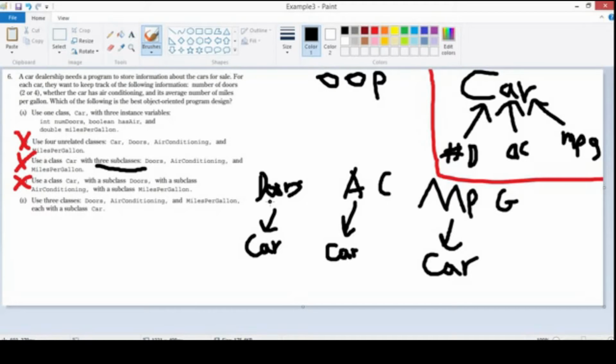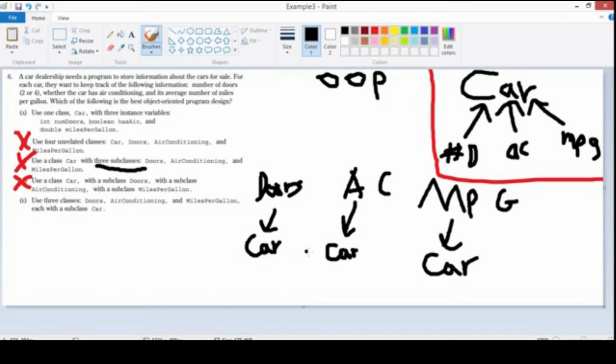For instance, you have a doors class, and those doors are extended to make a car. Well, that's actually kind of correct. You do use doors to make a car. And there's also whether or not it has air conditioning, that's to make a car. And the miles per gallon also helps make up our car.